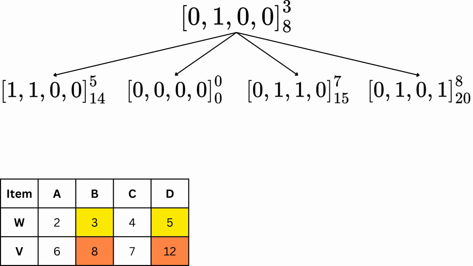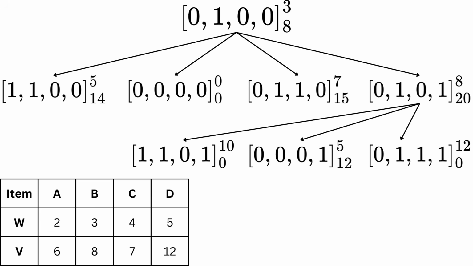From this state, we can generate 3 new states. If we flip the first bit, we get 1101, which means items A, B and D are selected. But in this case, the total weight exceeds 9, which means the value is 0. If we flip the second bit, we get the state 0001. It has a weight of 5 and a value of 12.